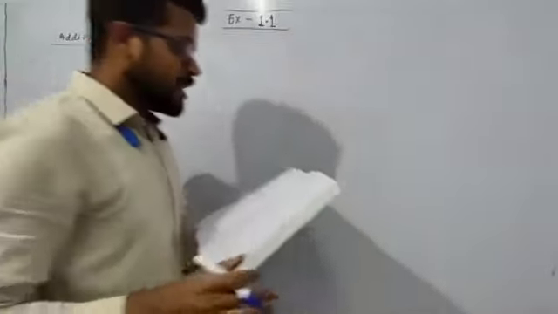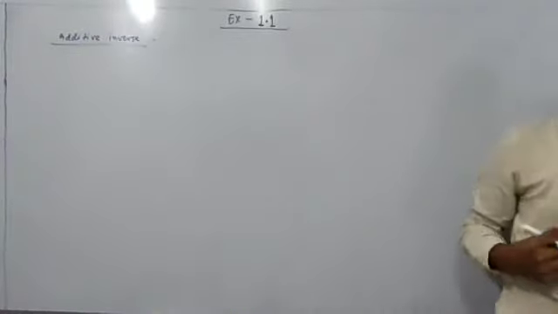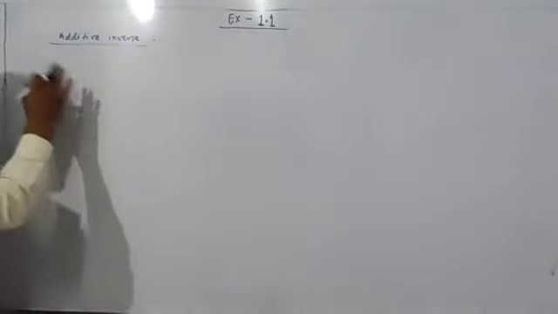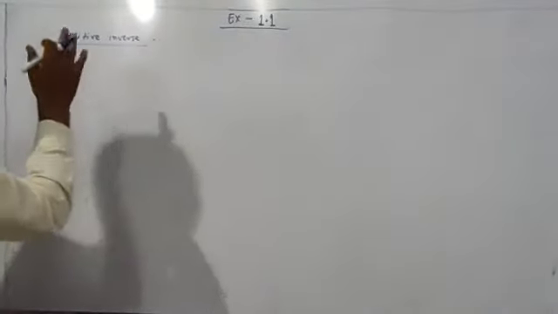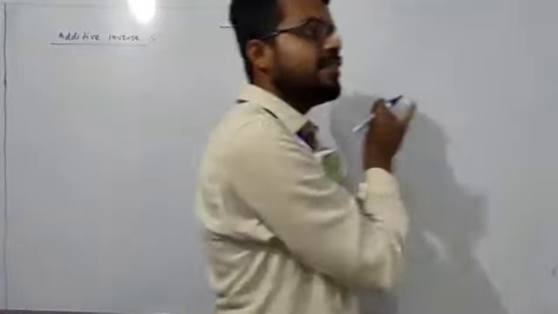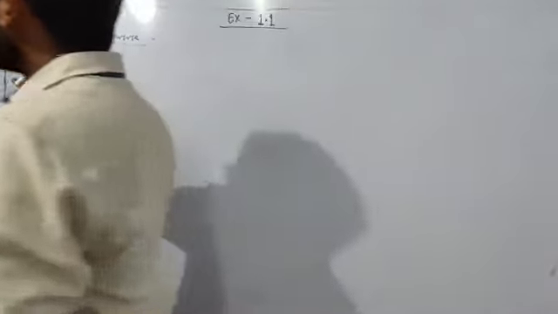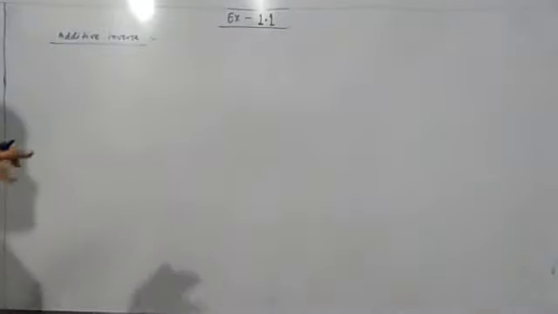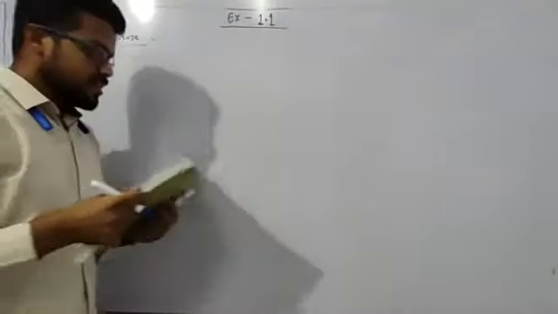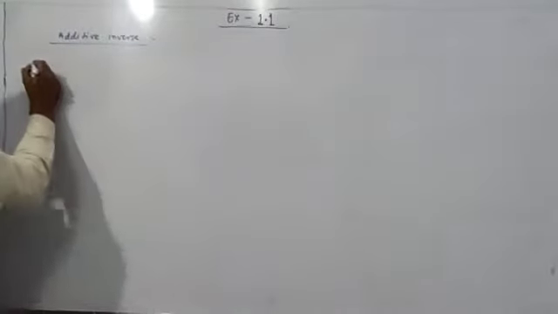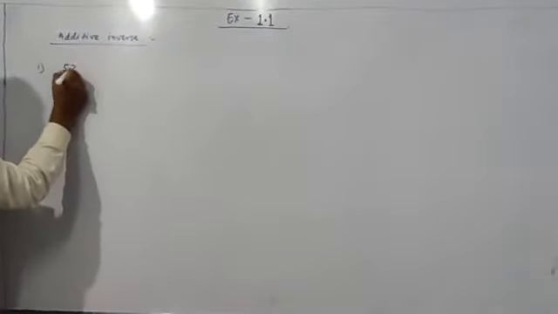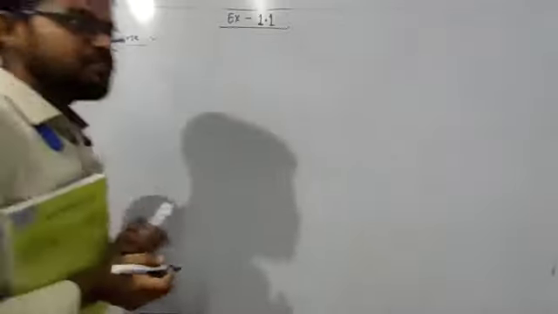Please open your book and note down the questions. First, look at the board and the video and watch how I solve those problems, then write them down in your copy. The first problem is related to additive inverse. The first question is 52.